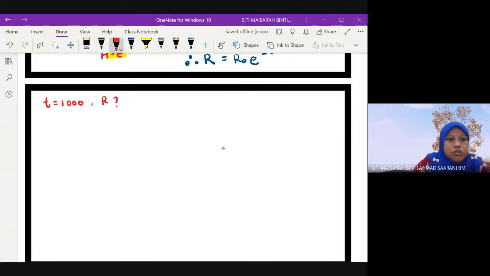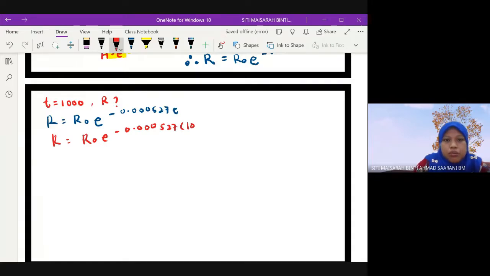Okay. So R dia adalah R0 E kuasa negatif 0.00527T. So jadi bila ganti dia akan jadi R equals to R naught E kuasa negatif 0.00527 times dengan 1000. So then R equals to berapa R naught?